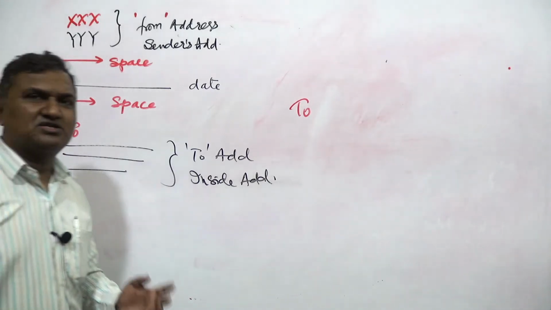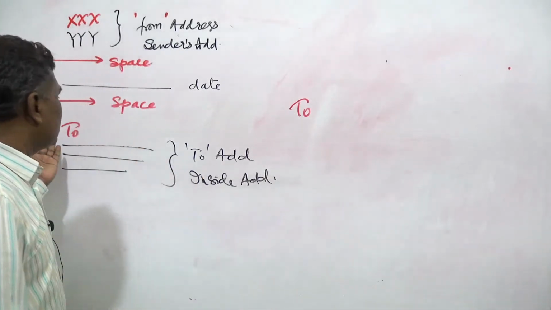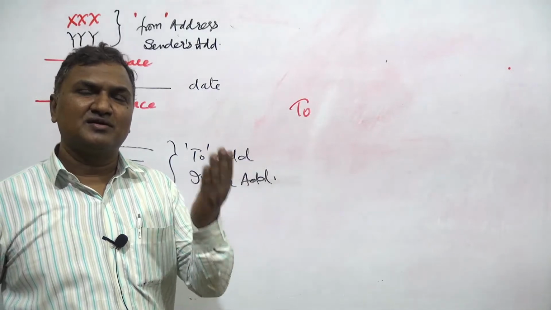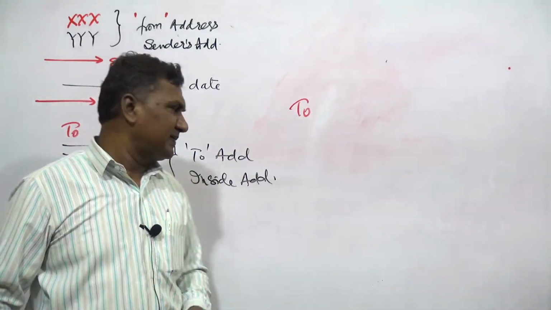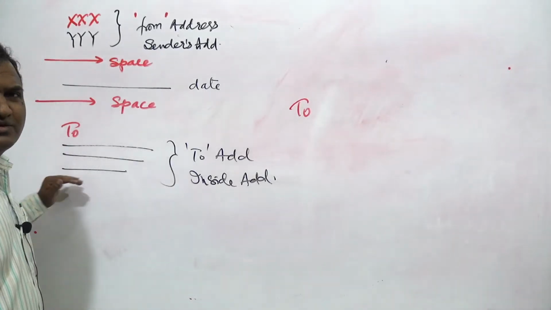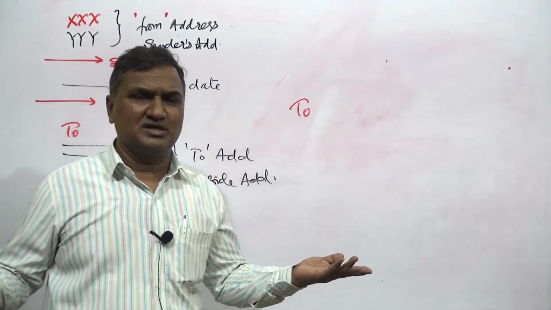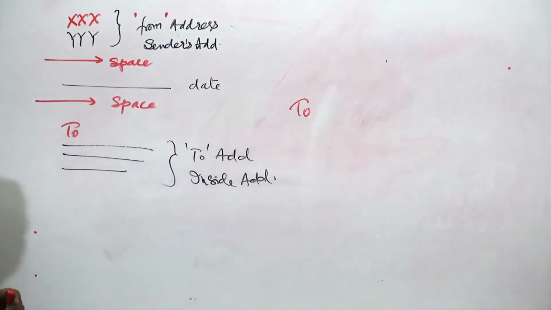Or if it is an application for the post of a teacher, let us, for example, say to the principal, SBR PUC, Kalaburgi, or SBR Public School, Kalaburgi. Kalaburgi is the last line. You can include the pin code also if you want. Okay, no problem with that. So this is the inside address.